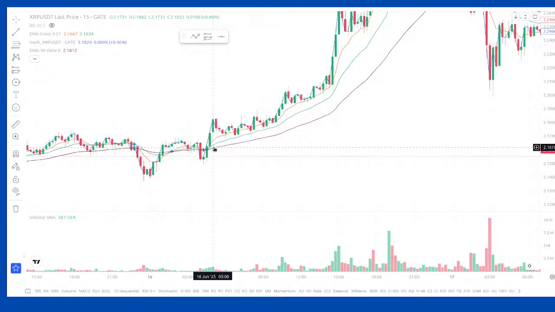For this case, you can see right up here it crossed at this particular point, and the exponential moving average 50 is below the price. So the price is above the exponential moving average 50.